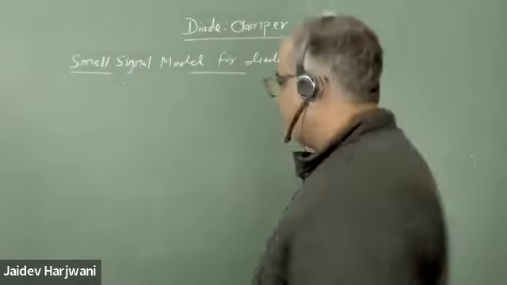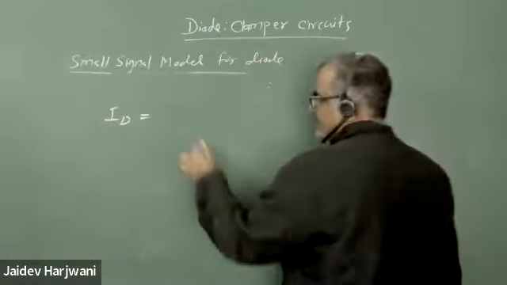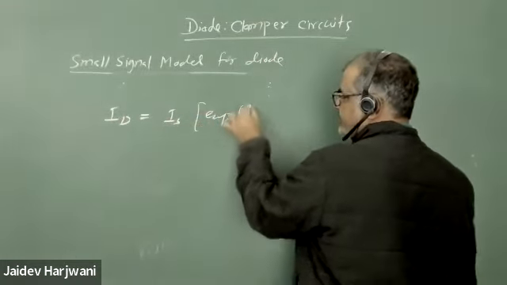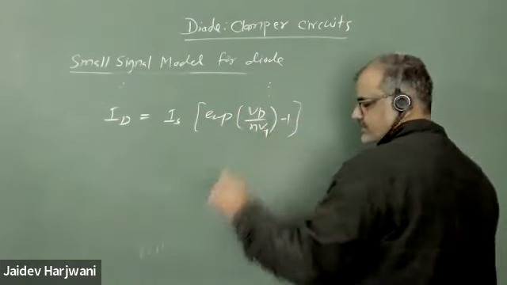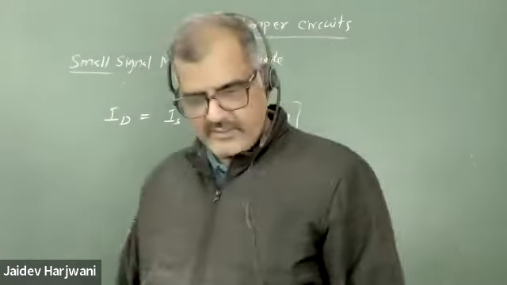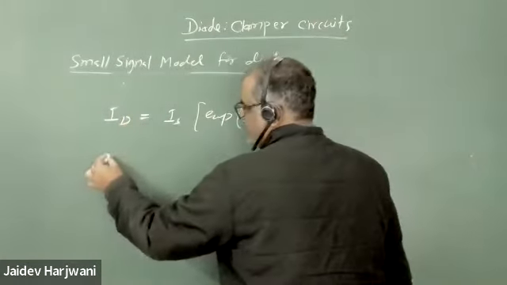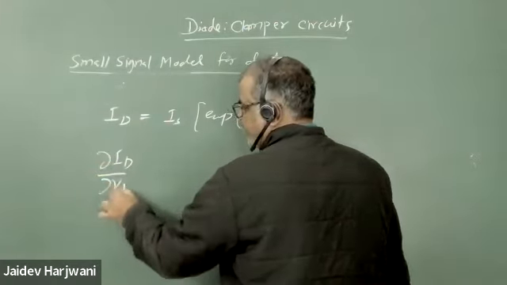Okay, so I have the equation. I know this is ID. ID is what? IS exponential of VD upon eta VT minus 1, isn't it? Now suppose you are applying some extra voltage, you're changing this, so what will come? I want to calculate delta ID upon delta VD.